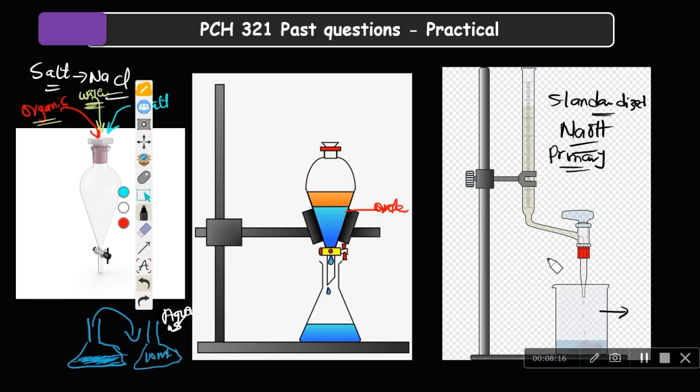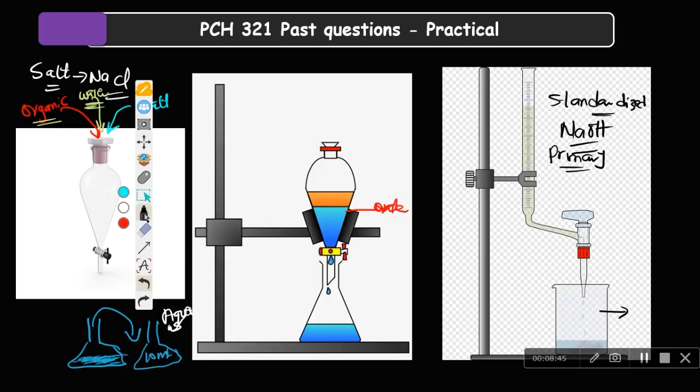If the salt that they gave you is an organic compound, there is a very high tendency that the titer value for the organic phase will always be higher than the titer value for the aqueous phase.